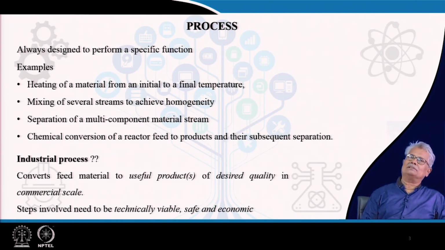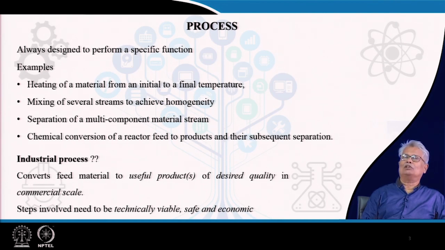The next point which comes into our mind is basically what's an industrial process. Yes, we have several processes in our laboratories. We definitely will be calling a process an industrial process when it has got some commercial manifestation. For example, it converts feed material to useful products, a single or a multiple number of products of a desired quality in commercial scale.